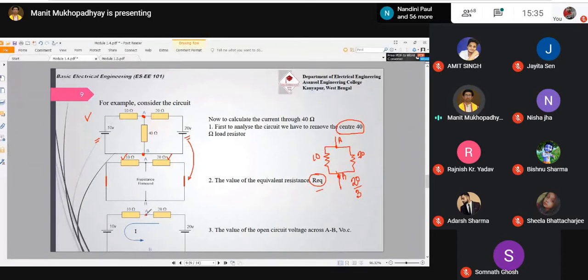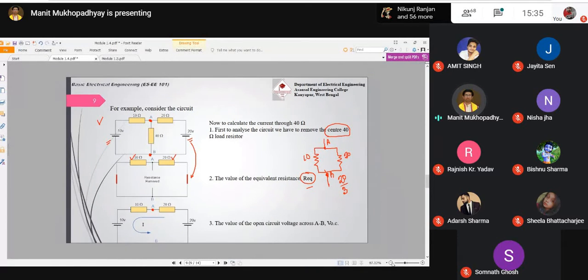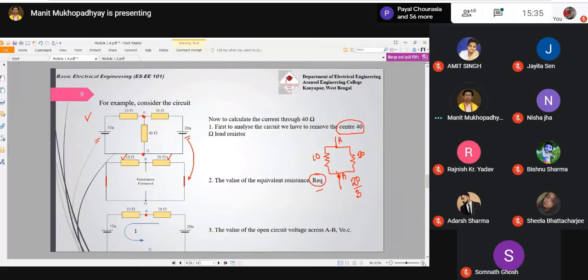We are going to calculate the voltage across VAB. So we are trying to flow one current in this loop. Some of you may think why sir is taking this direction, I want to take the opposite direction.